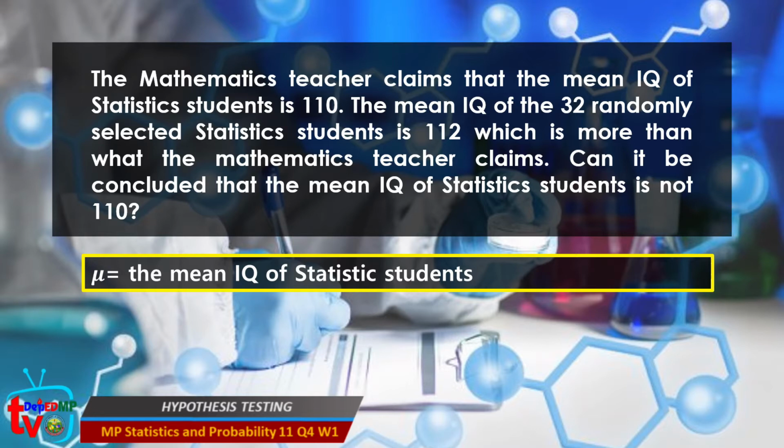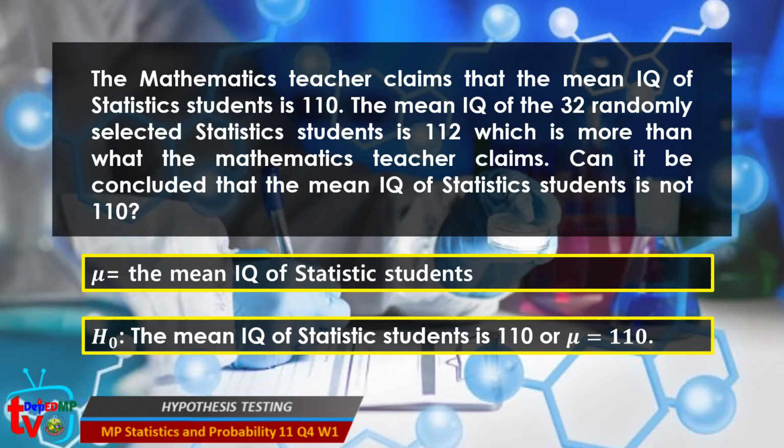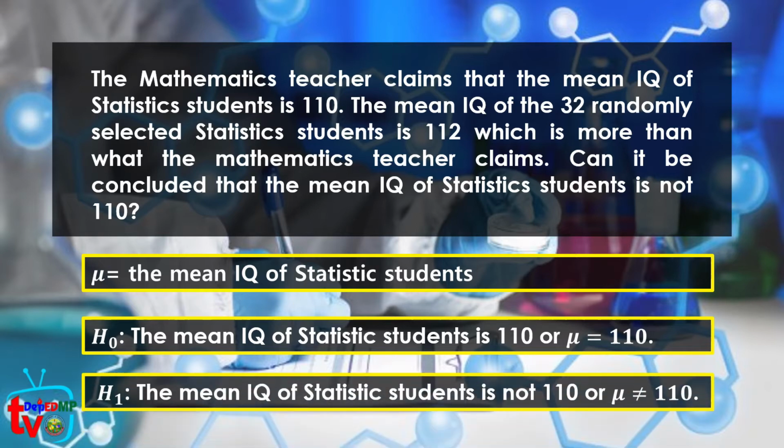Then, our null hypothesis is the mean IQ of statistics students is 110, or mean is equal to 110. However, from a sample of 32 students, the computed sample mean is 112, which is not equal to the claim of the mathematics teacher. Thus, our alternative hypothesis is the mean IQ of statistics students is not 110, or mean is not equal to 110.